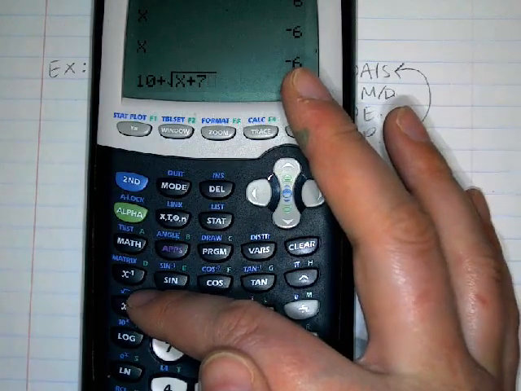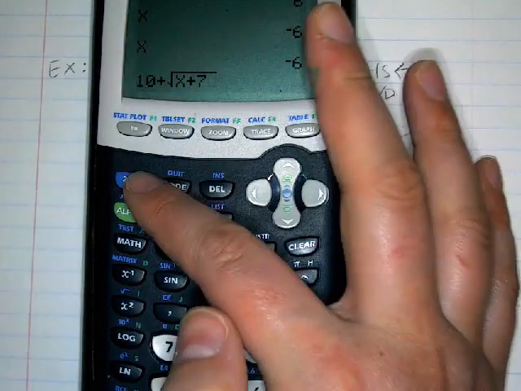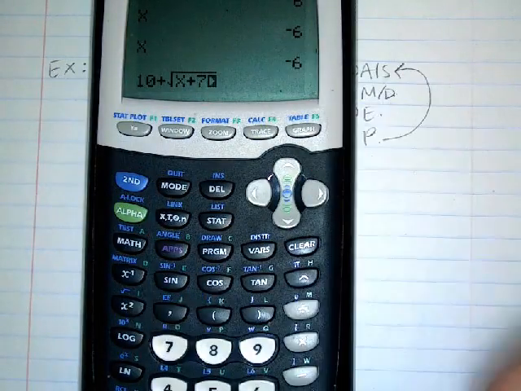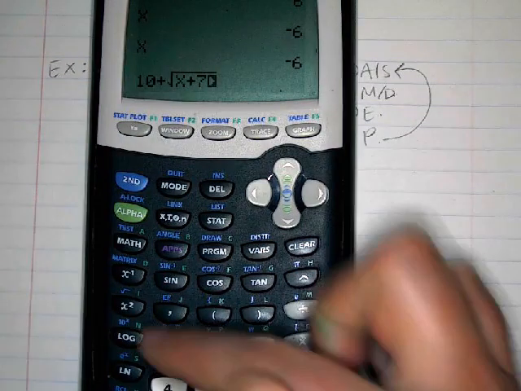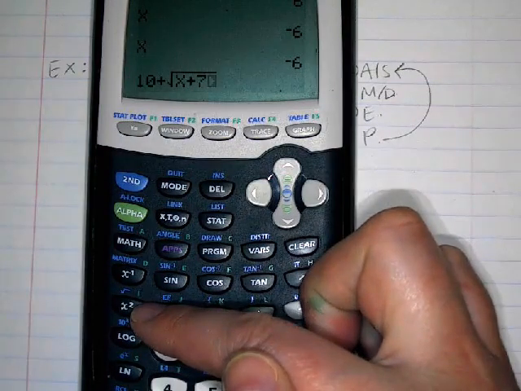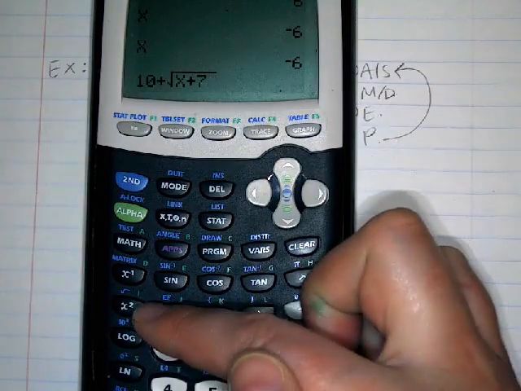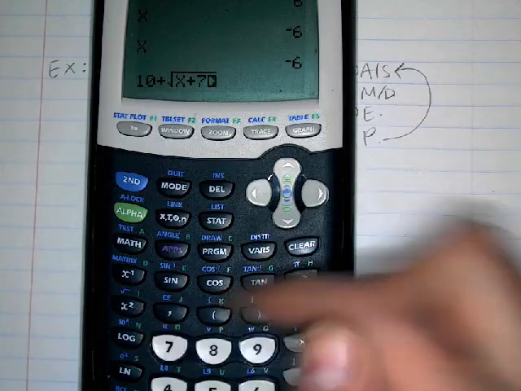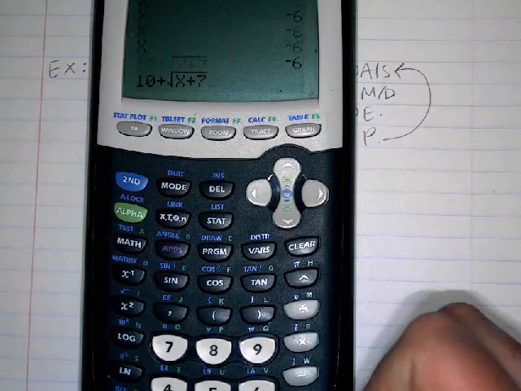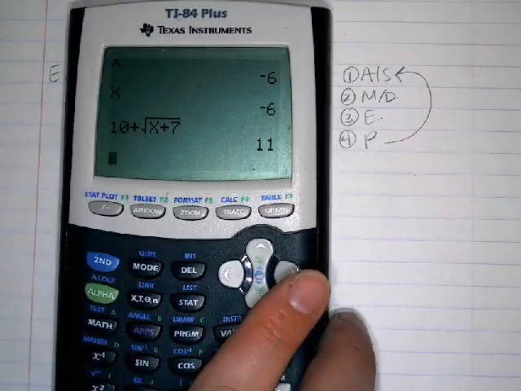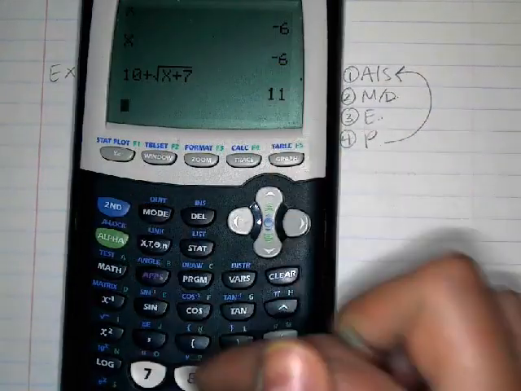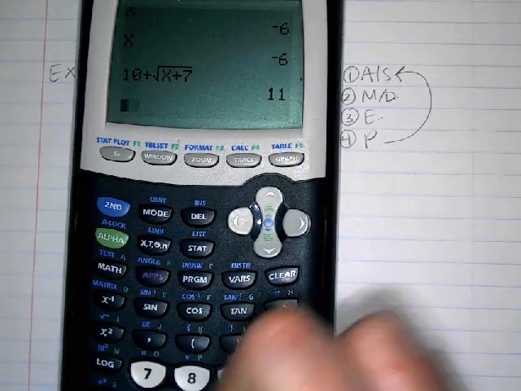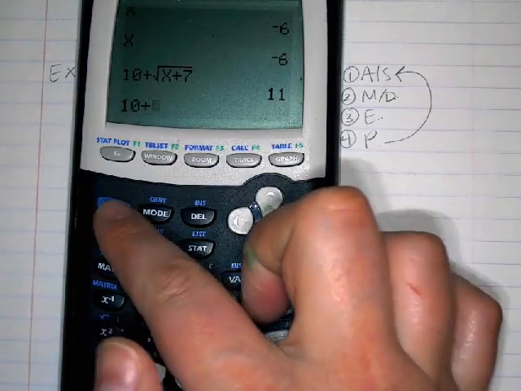So second, x squared, right here, 3 buttons below the green one. How do you put equals 49? Maybe not equals, I mean equals 3. Oh, I got an exponent when I did that. You have to hit the second first. So you do 10 plus, and then hit the second and then the x squared.